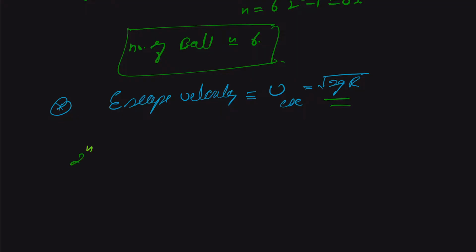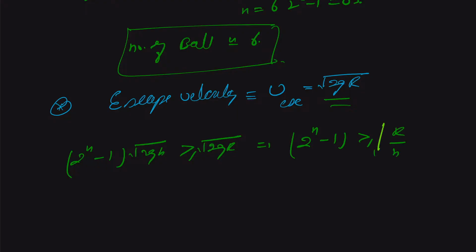So we can say (2^n minus 1) times square root of 2gh should be greater than or equal to square root of 2gR. And 2g and 2g we can cancel out from here. Therefore, we can write this as 2^n minus 1 is greater than square root of R upon h.